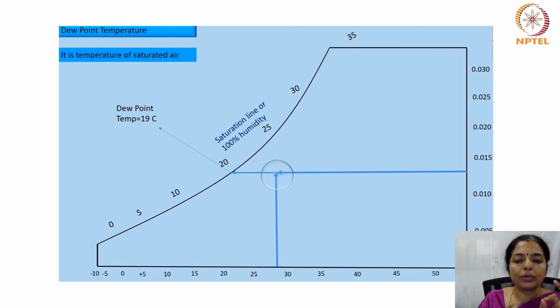For example, if you have a dry bulb temperature of 28 degrees, which will fall here, and a humidity ratio of 0.013, then at the point of intersection you draw a horizontal line towards the wet bulb temperature like this, in order to find the dew point temperature.